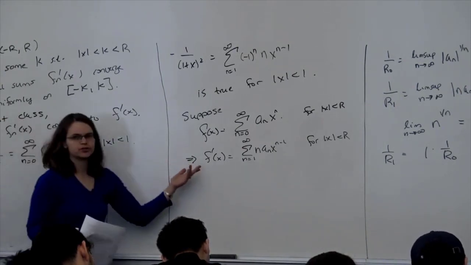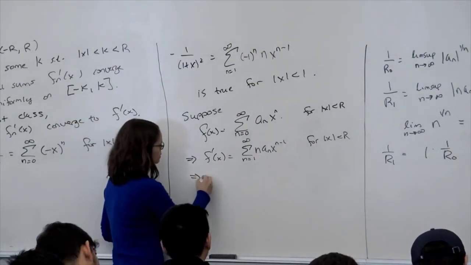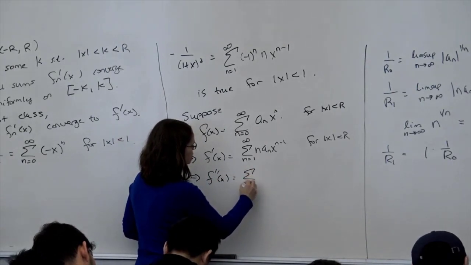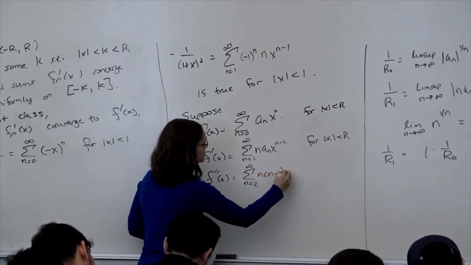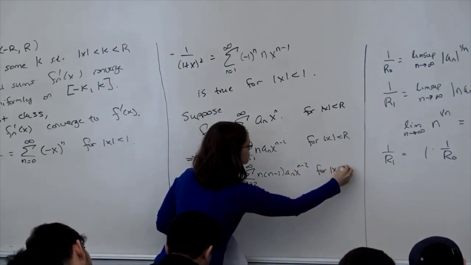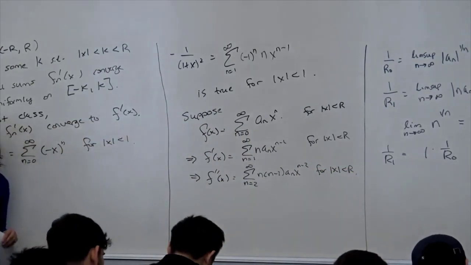But if this is a convergent power series, once again, I'm allowed to take its derivative. So I can certainly bring down another derivative. And I can keep going as long as I want. I can keep taking as many derivatives.